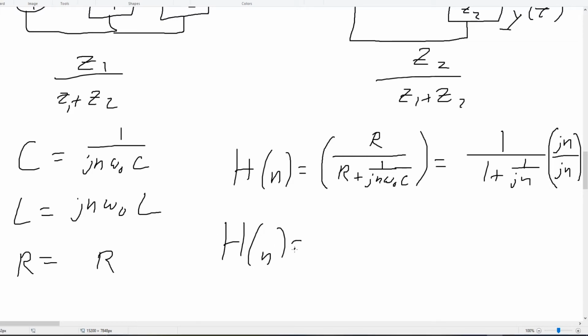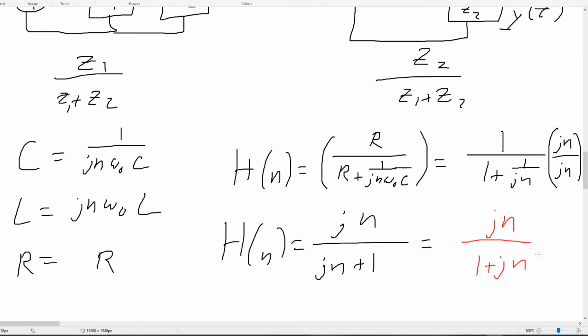H of n is equal to 1 times jn is jn. And for the bottom part, jn times 1 is once again jn. And then jn times 1 over jn is equal to 1. So we could rewrite this as, let me write it in red, jn over 1 plus jn, and that's our answer for H of n.